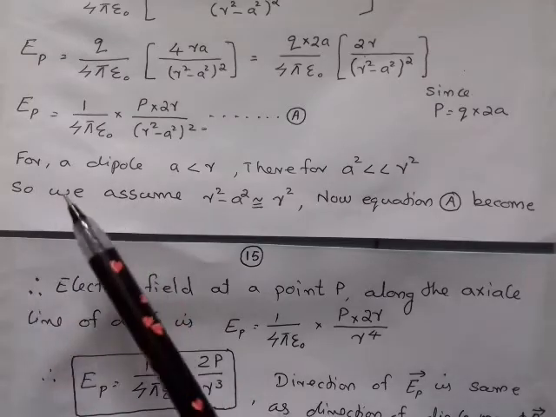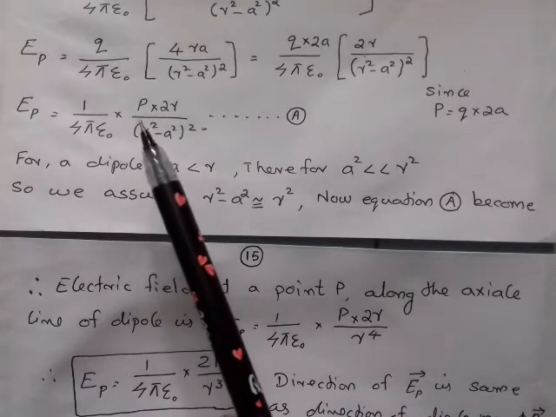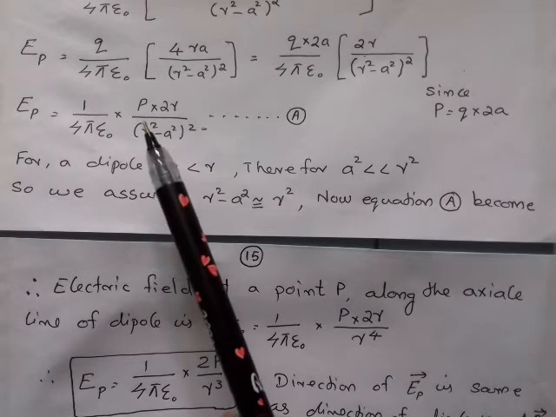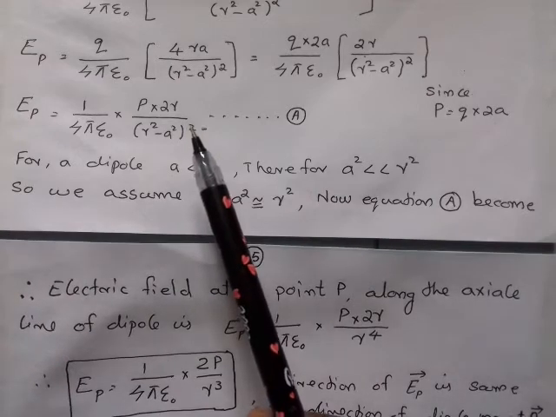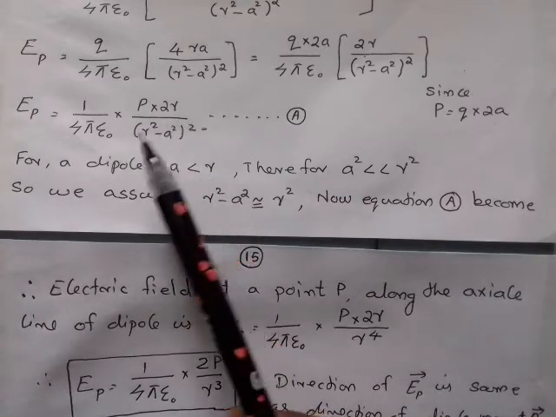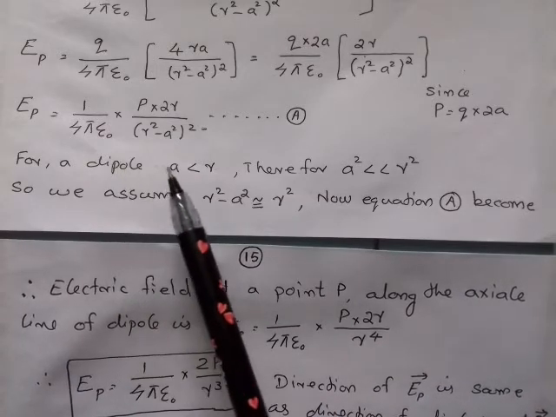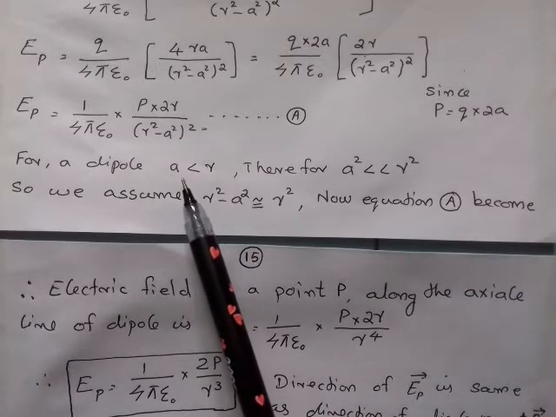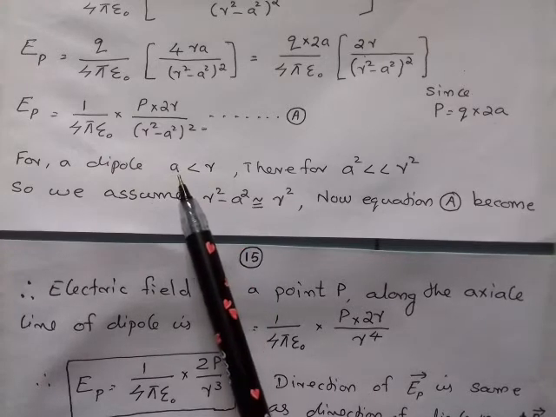Okay, so this is the general equation for the electric field due to a dipole, without considering that the dipole is a very small thing. If two charges are separated by a little distance, we can use this equation. In the case of a real dipole, which is very small, a is less than r. A means half the dipole length.